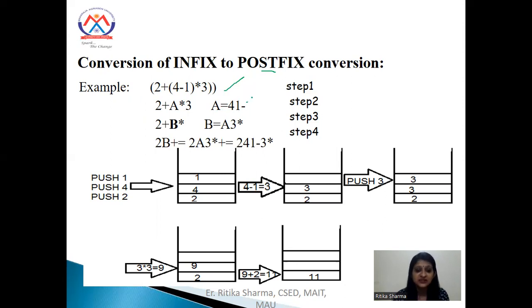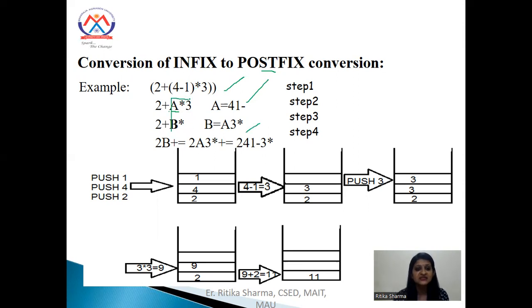Now we will consider 4 1 minus as A. We will place A in front of 4 1 minus. Now we will solve the star operator. That is, A star 3 will become A 3 star. We will place B in place of A 3 star.